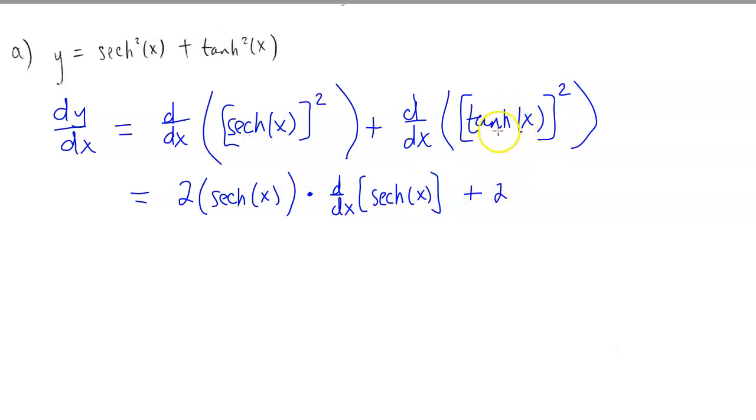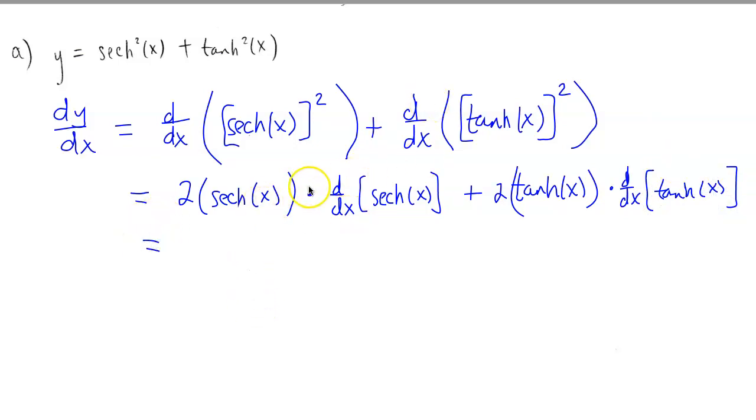Of course, here we also have derivative of blah squared is 2 times blah again, and then that's times the derivative of tangent hyperbolic with respect to x.